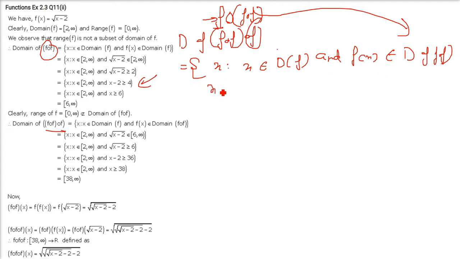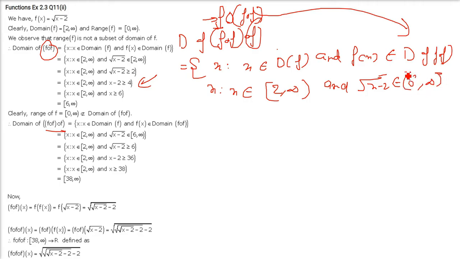The domain of f we know is 2 to infinity, and f(x) was under root x minus 2. What is the domain of fof? We already found it is 6 to infinity. 6 is inclusive, infinity is not inclusive. So 6 to infinity it is.